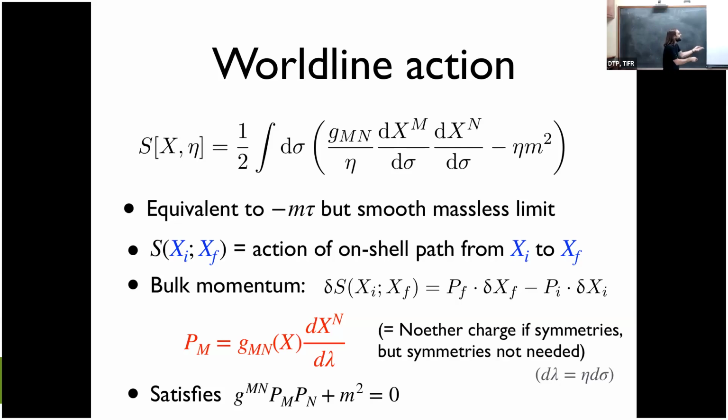This momentum happens to match the Noether charge if you have translation symmetry, but it has nothing to do with it; it's just the canonical conjugate. And now comes the point: this momentum satisfies the mass-shell condition in the bulk. So the way we set it up in practice is that you fix the component of the momentum along the boundary, and then the momentum in the bulk is set by the mass-shell condition. That's how you decide the initial condition of the bulk.